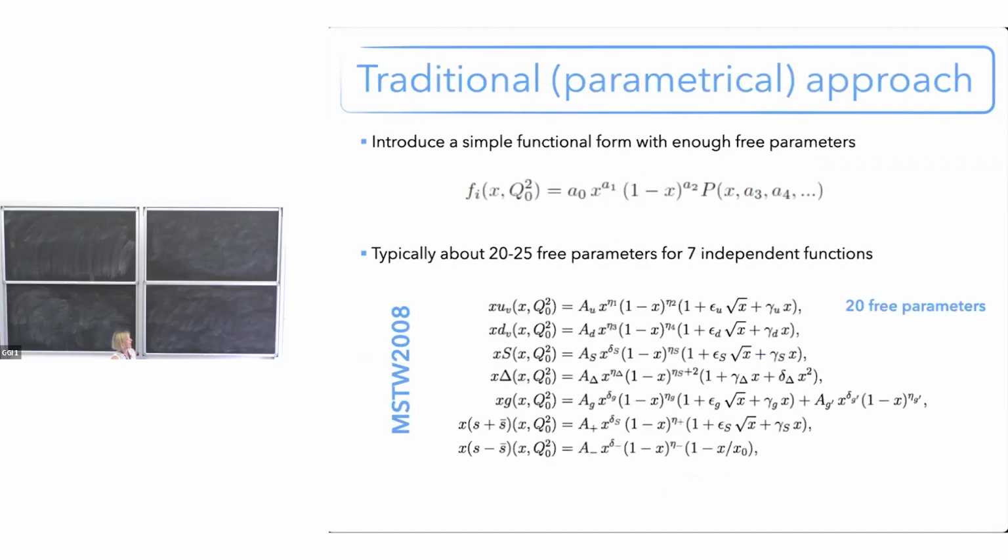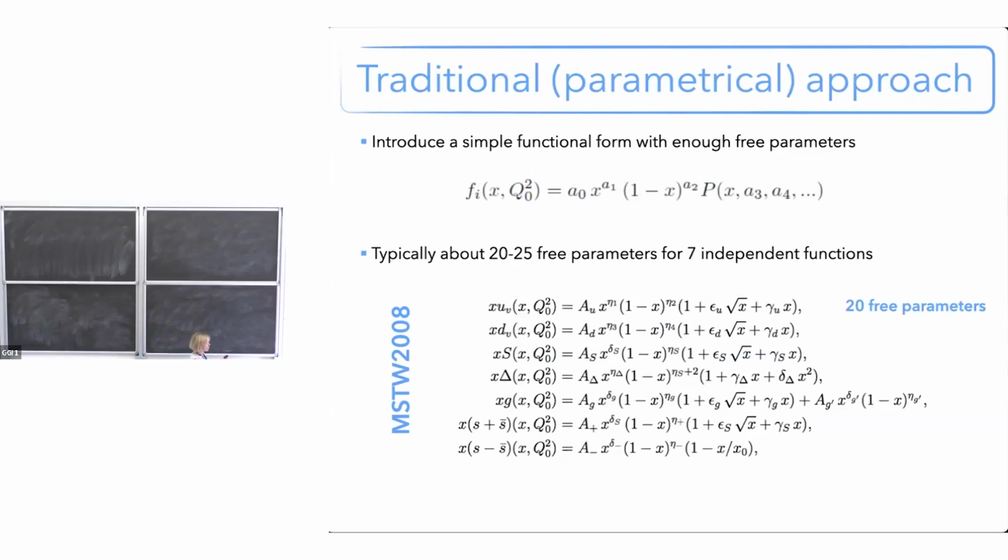Okay, so how do we parameterize the independent functions? So this F_i, I repeat, goes over the quarks and the anti-quarks, okay? Typically the light ones, and the gluon. So this is an example of a kind of parameterization that was used.